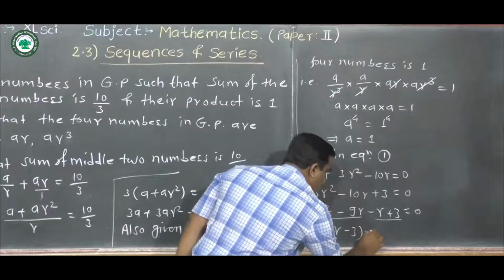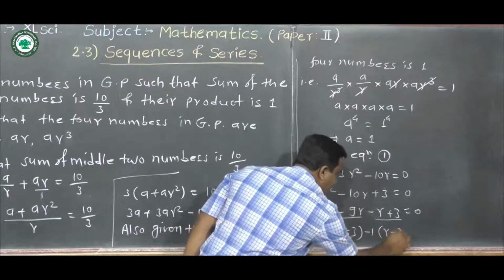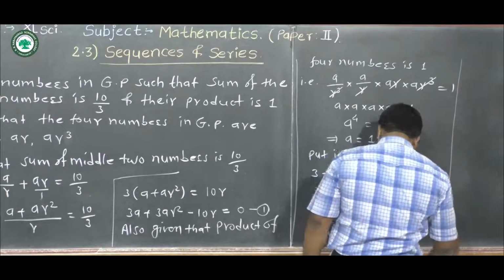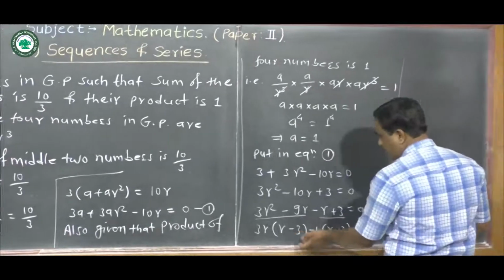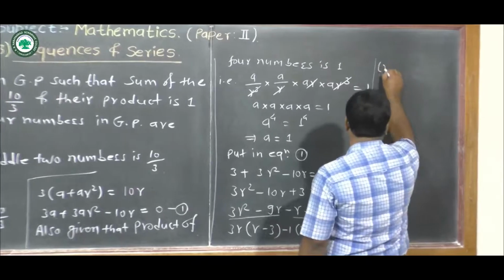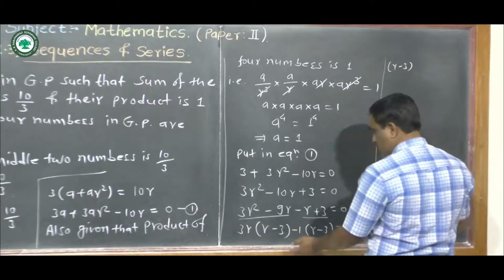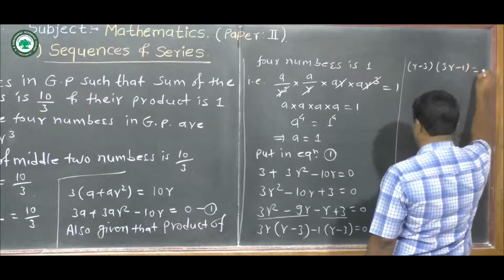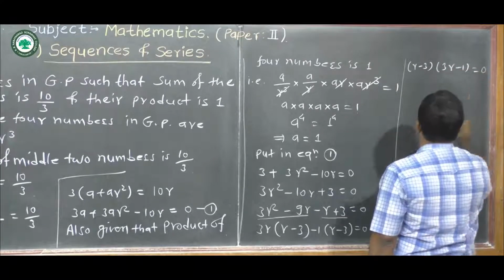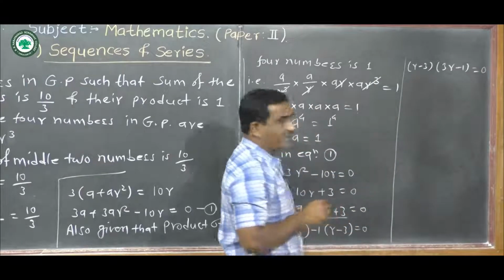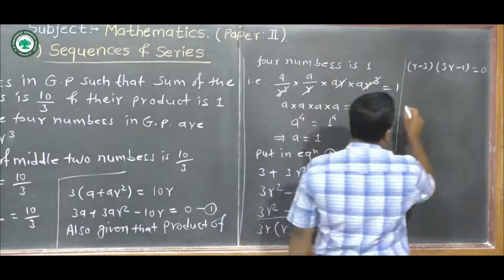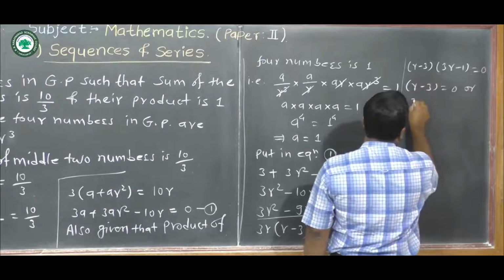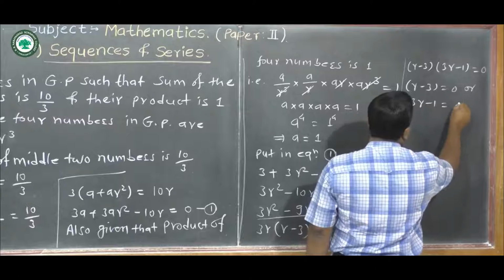Here take minus 1 common, in bracket remains r minus 3 equal to 0. Taking r minus 3 common, r minus 3 into 3r minus 1 is equal to 0. Now product of these two brackets equal to 0. Therefore r minus 3 is equal to 0 or 3r minus 1 is equal to 0.